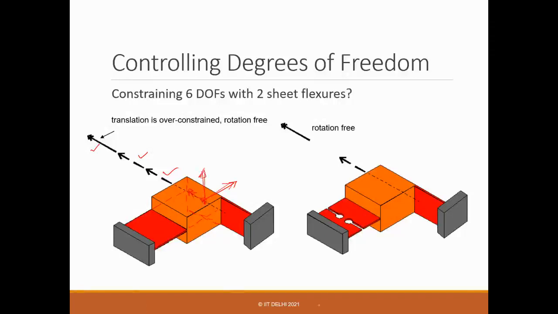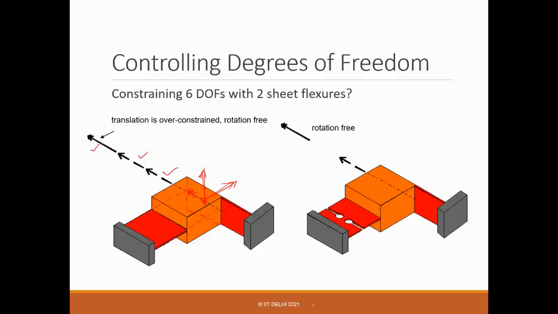If it's over constrained, then whatever the number of constraints is, by adding you get a reduced number, and so you'll have more degrees of freedom left. In this case, it's supposed to be 6, but 1 will always be left. No matter how you put these two sheet flexures, there will always be an intersection.